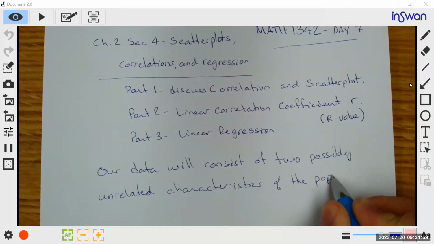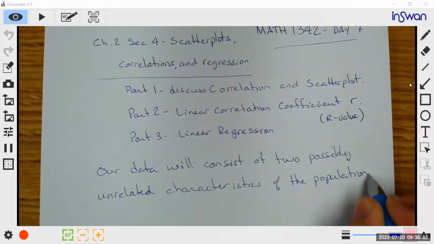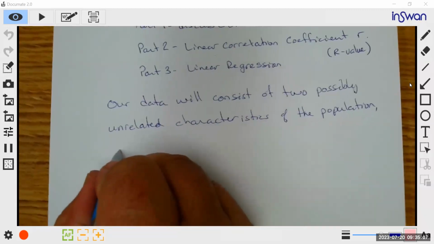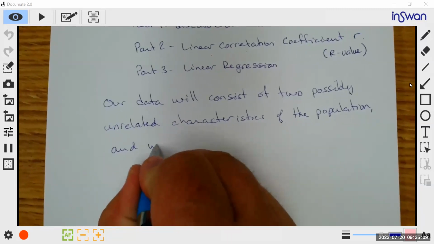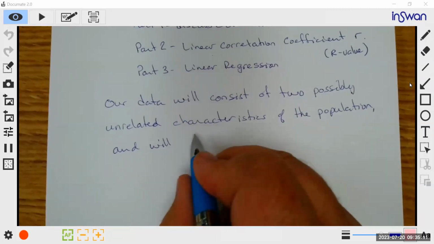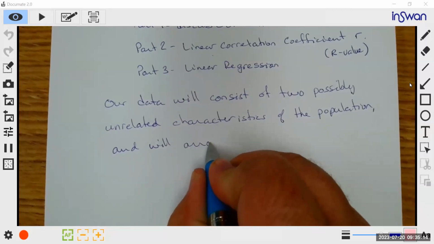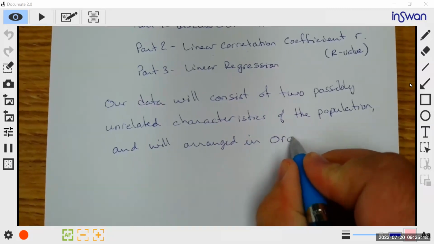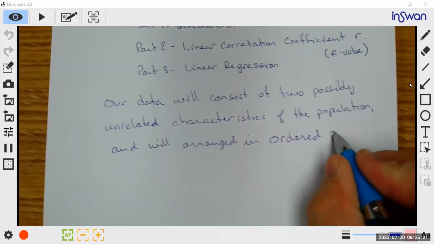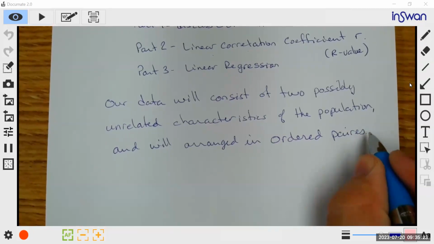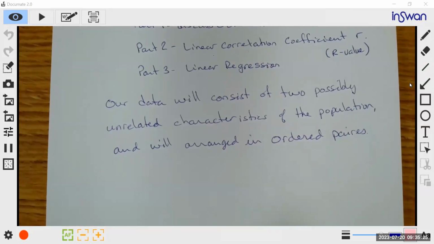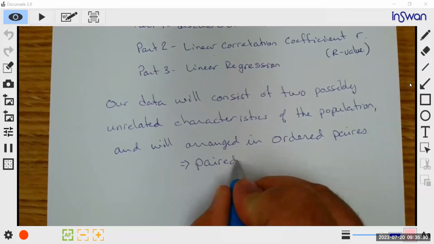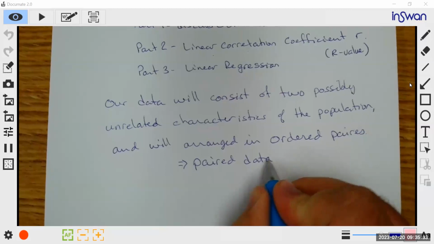The population, and will be arranged in ordered pairs, which we call paired data.